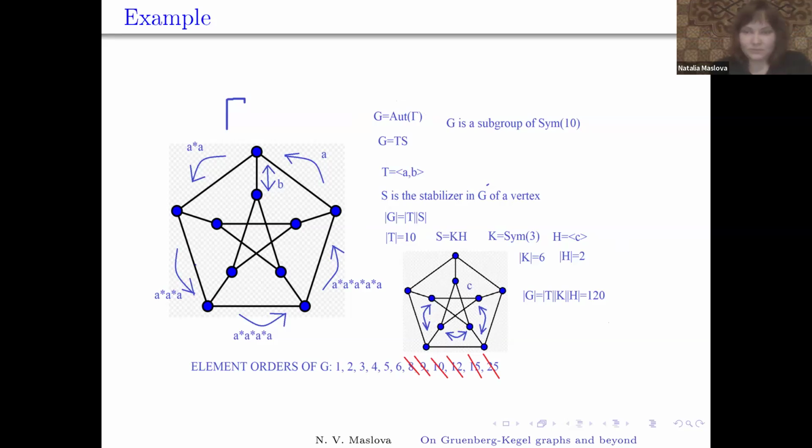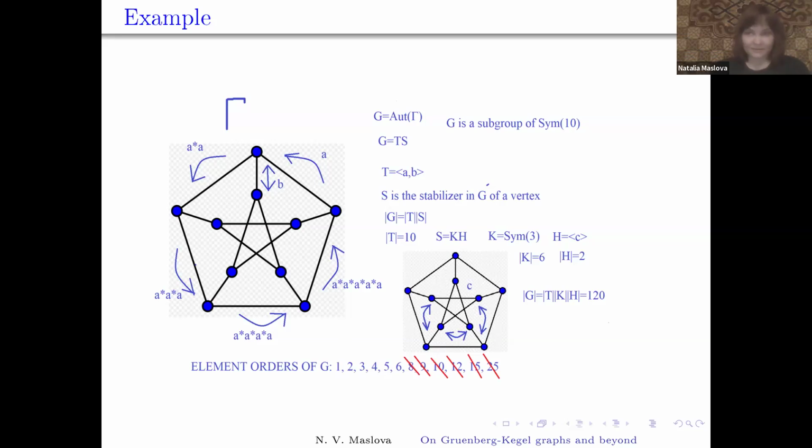I don't give more information here, but using these techniques, it's very, very easy to understand that the order of this group is exactly 120. And if you try to rotate this graph, you can easily calculate the element orders of this group. These will be exactly 1, 2, 3, 4, 5, and 6.